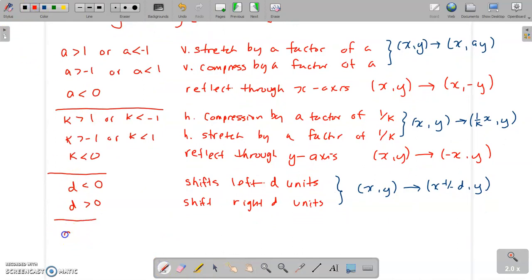And finally, when you have your c, keep it consistent, c less than 0, we're going to shift down by c units. And when your c is greater than 0, we're going to shift the original graph up c units.